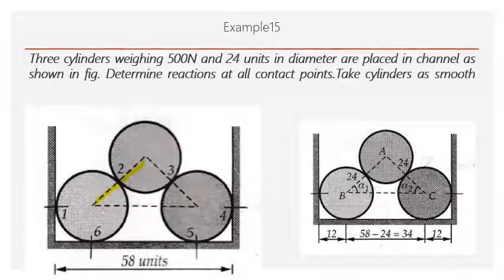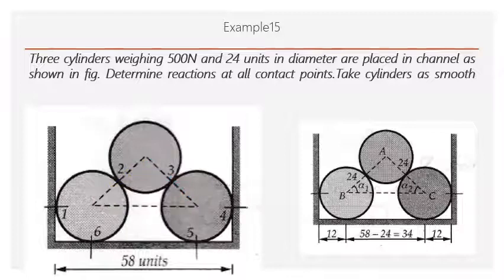So we have to find out the angle here. Similarly, the reaction at the contact point 3 will act along this line. So we have to find out the angle of inclination here also. But as all the spheres are of the same radius, alpha 1 and alpha 2 would be equal.